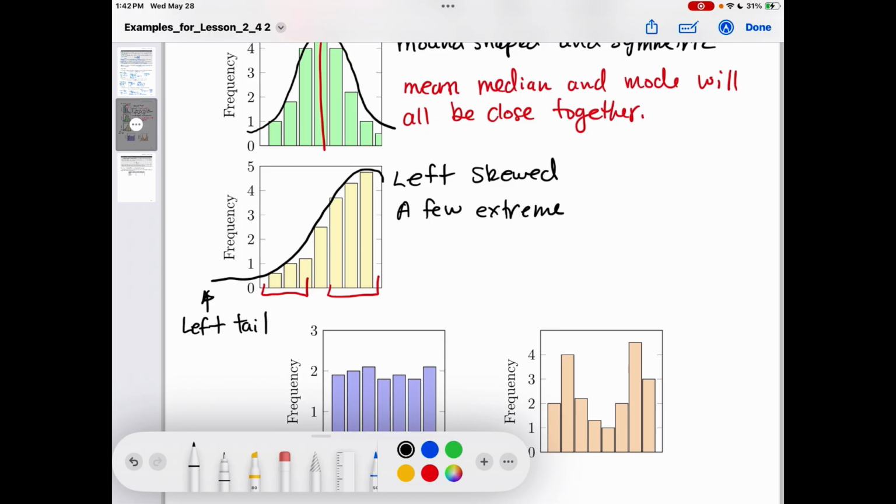So let's write down, you're going to have a few extreme lower values creating a left tail.